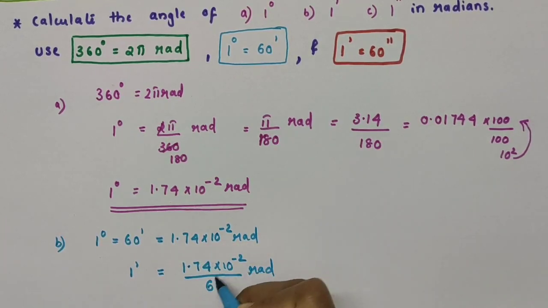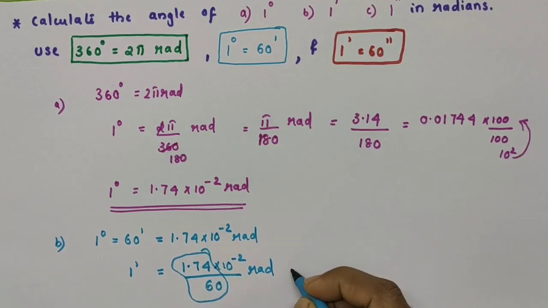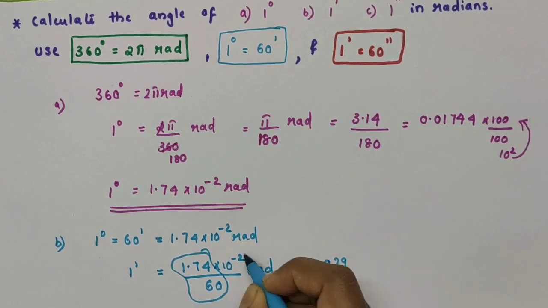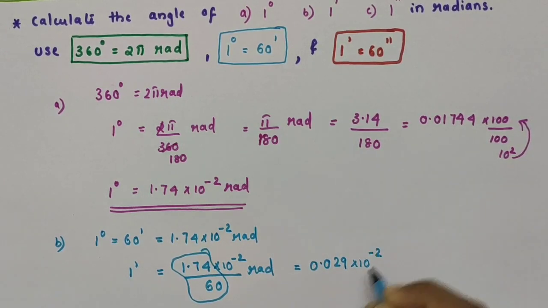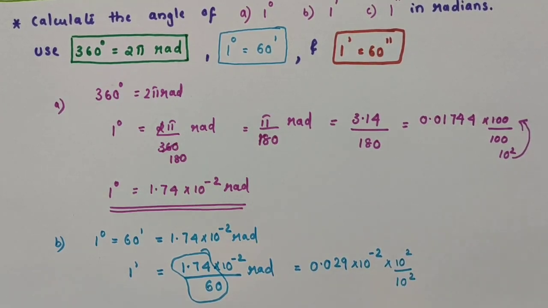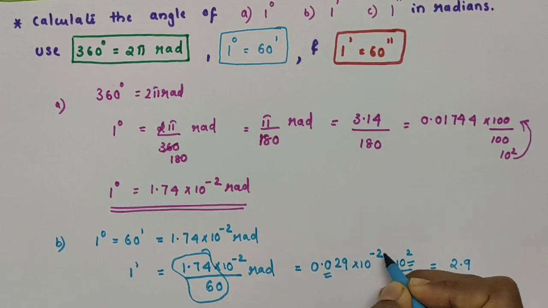While calculating this ratio, 1.74 divided by 60, you would get 0.029, and here we have 10 raised to minus 2.